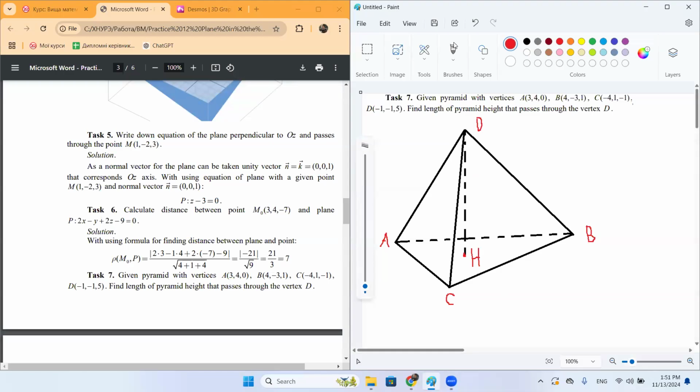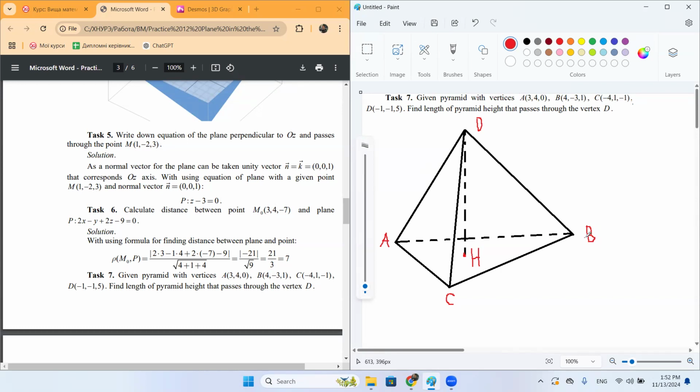Okay, maybe anybody else wants to participate in the discussion. Bogdan, yeah, haven't heard you for ages. So we can find the equation of plane ABC, then take point D, and then use the formula for distance.